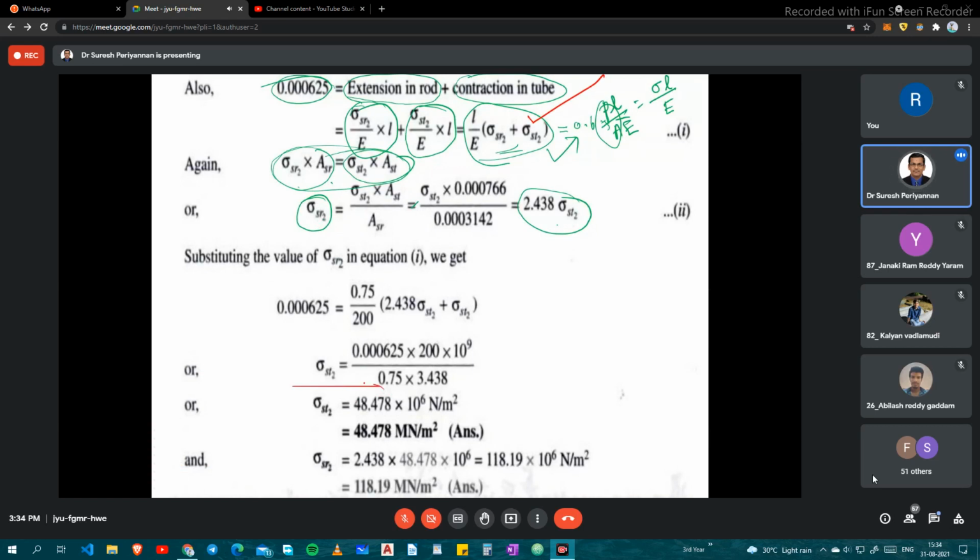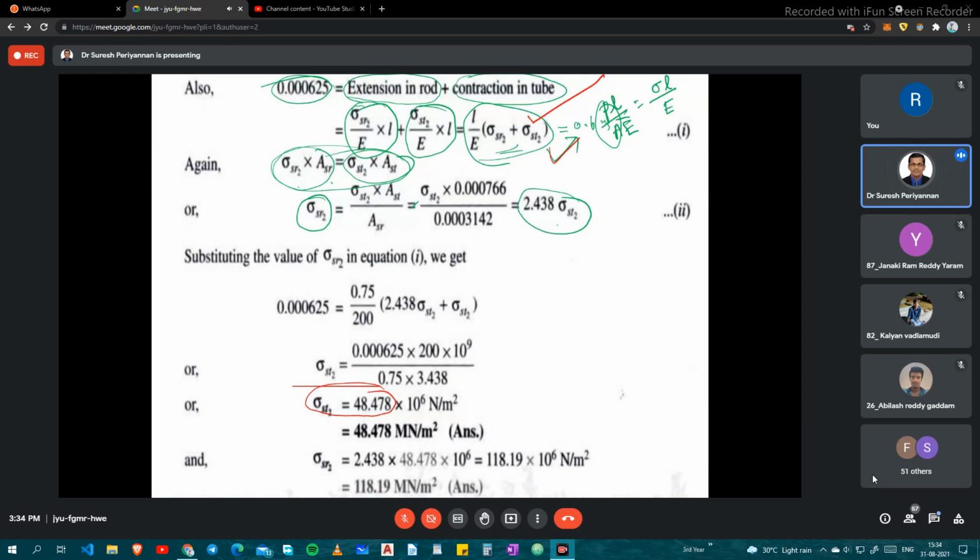The stress in the tube is going to be 48.478 Newton per mm squared, or megapascal. Once you find the stress in the tube, you can easily find the stress in the rod. Stress in the rod is 118 megapascal.